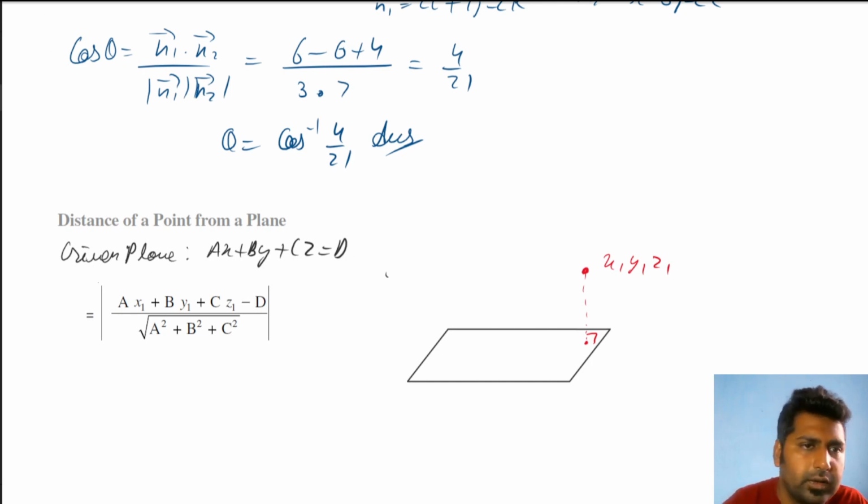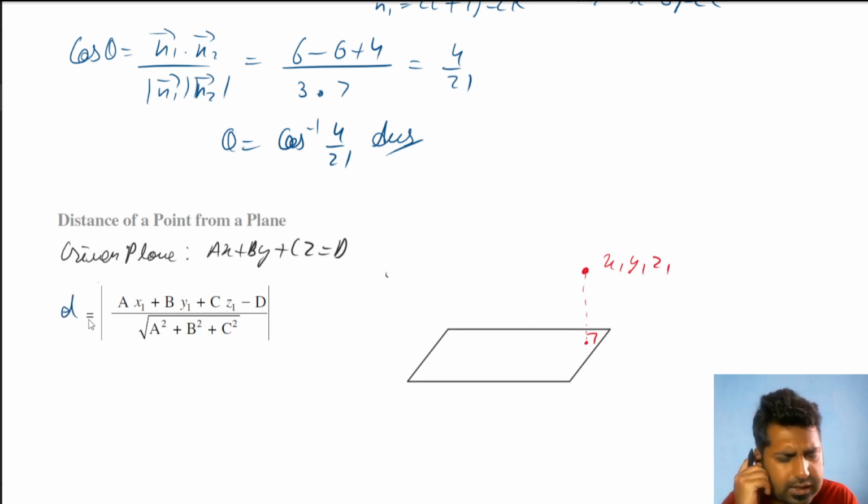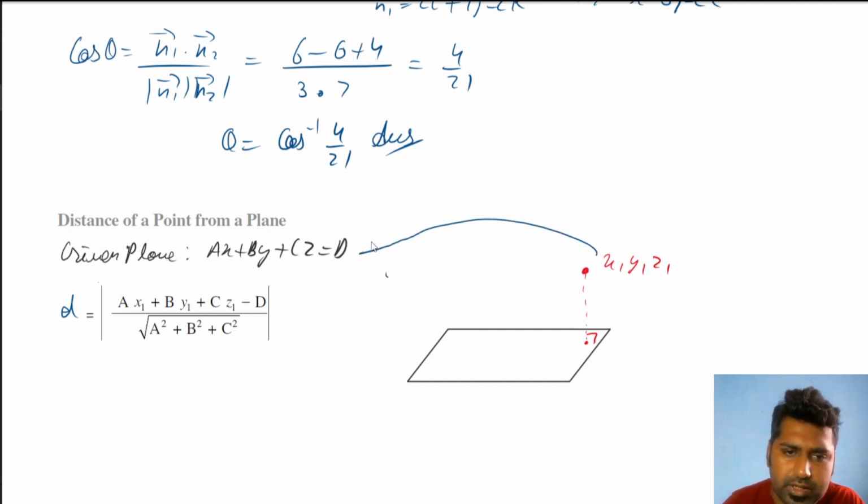Now in order to get the distance, it is pretty much the same as getting the distance of a point from a line. First of all, get all the components on the left side, meaning d also should be on the left. What we used to do is put this coordinate in this equation.